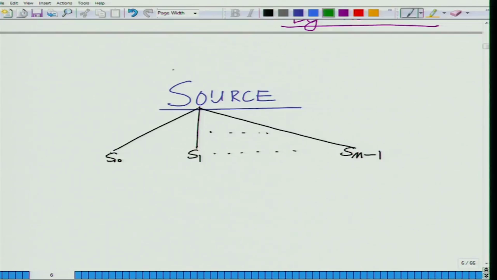In fact, this is a discrete set of symbols, so you can also call this a discrete source. There can also be continuous sources. Continuous sources can also exist, which we will deal with later.